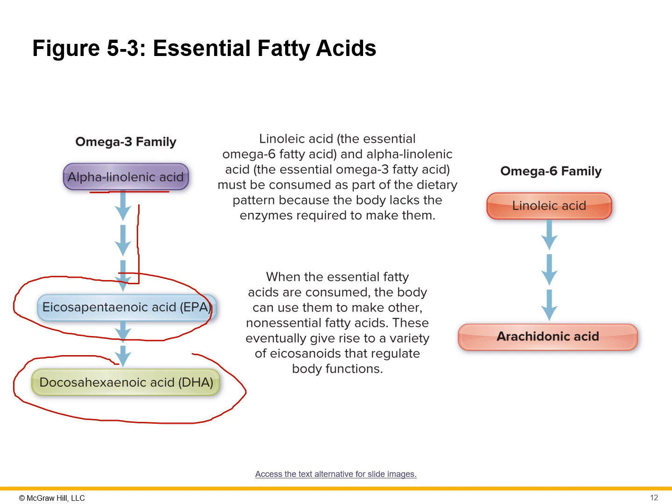And then the same thing here with our linoleic acid. It can be used to make arachidonic acid, and then that is used to make others or to help with signaling or other things. But again, we can't make EPA, DHA, or arachidonic acid if we don't take those two essential fatty acids in our diet.